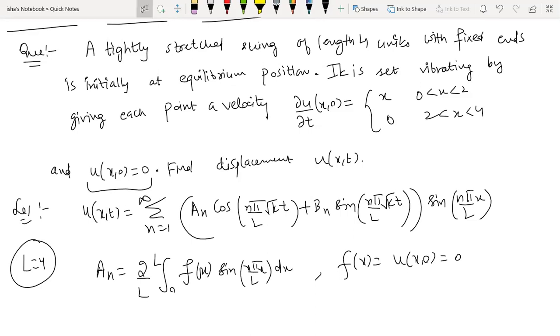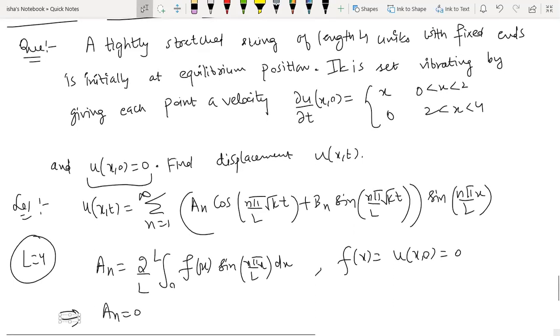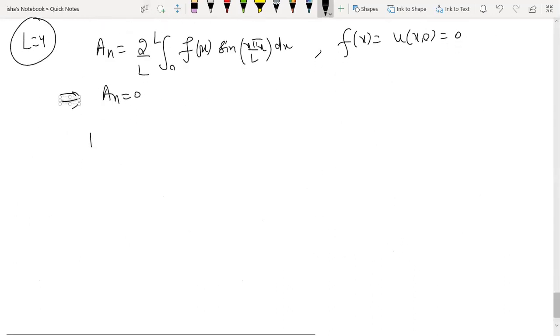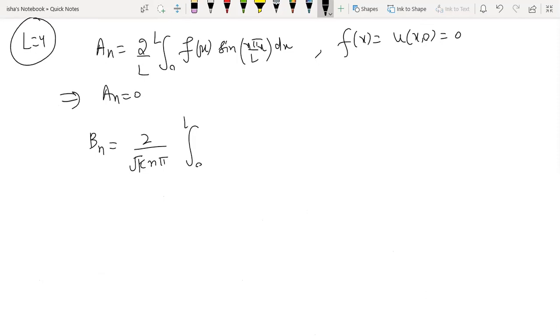Since fx is 0, this implies an is 0. In the previous question, bn was 0 because the initial velocity was 0, but in this question fx is 0, therefore an is 0. And now we need to compute the value of bn. So the formula for bn is 2 by root k n pi, integral 0 to L gx sine n pi by l x dx.